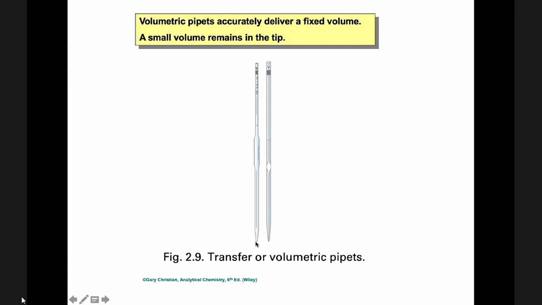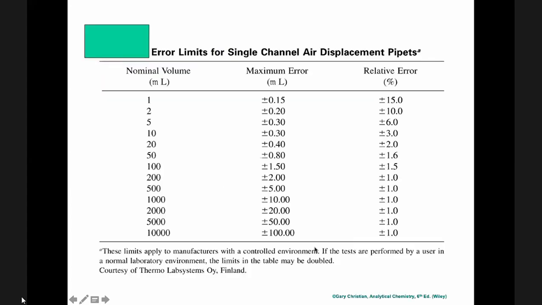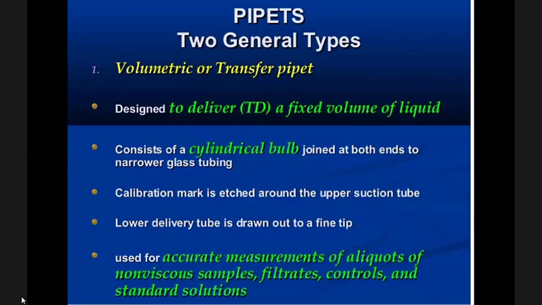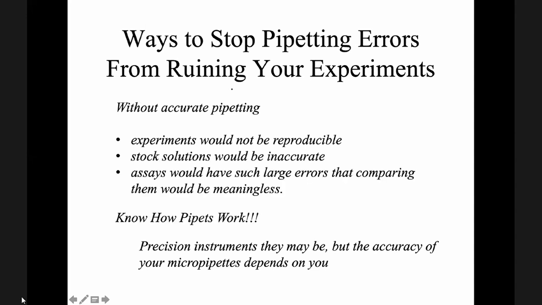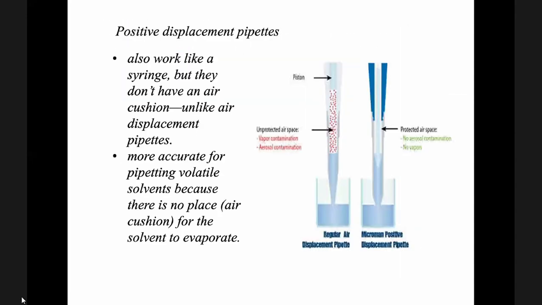Ang transfer or volumetric pipette. But then the measuring pipette, especially the serological pipette, has graduation marks down on the tip and blown out to deliver the entire volume of the pipette if edge ring or double rings are evident near the mouth of the pipette.